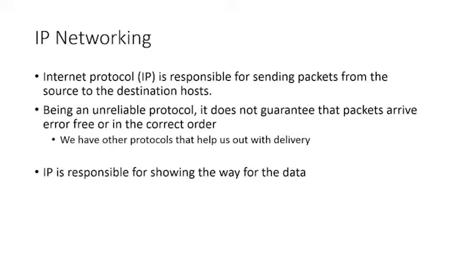Again, IP is just responsible for showing you the way. It's the roadmap of how to get there. Because it looks at those destination IP addresses and it says, okay, we need to go out that door, out that interface to get to the next router. And remember, that router is going to grab it, look at the destination IP address, subnet mask, and say, oh, I know what network that belongs to.